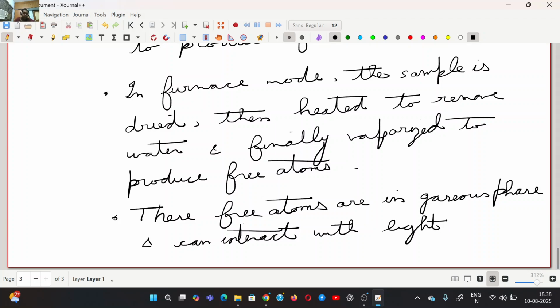So the light that has come through all those different stages, stages 1 to 5, finally meets these free atoms, and some of the light will pass through, some of it will be absorbed, and based on what absorption happens, we will get to know what the atom of interest is.